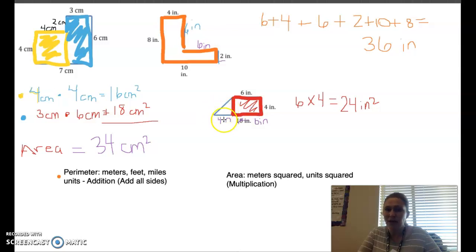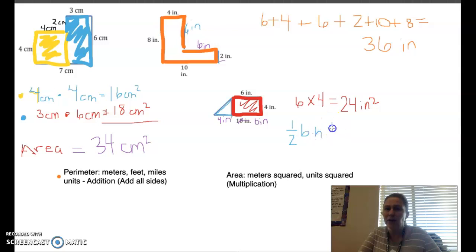And now to find the inside of this piece right here, I have to remember that the area of a triangle is 1/2 the base times the height. So I have the height right here, it's this 4, and half of the base. So my equation is 1/2 the base times the height.